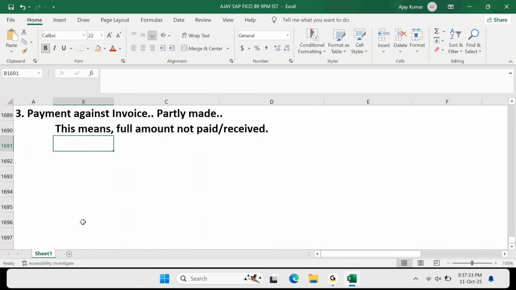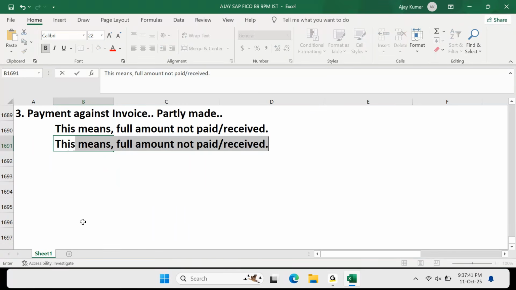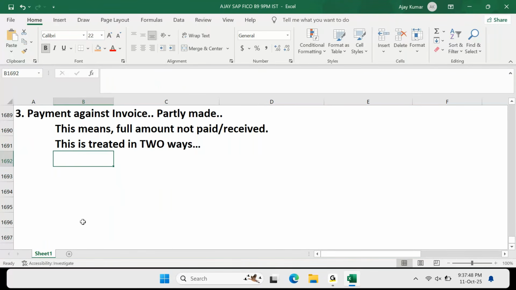Payment against invoice but partly made, meaning it is not paid or received fully. Now, this part payment is treated in how many ways? Two ways.